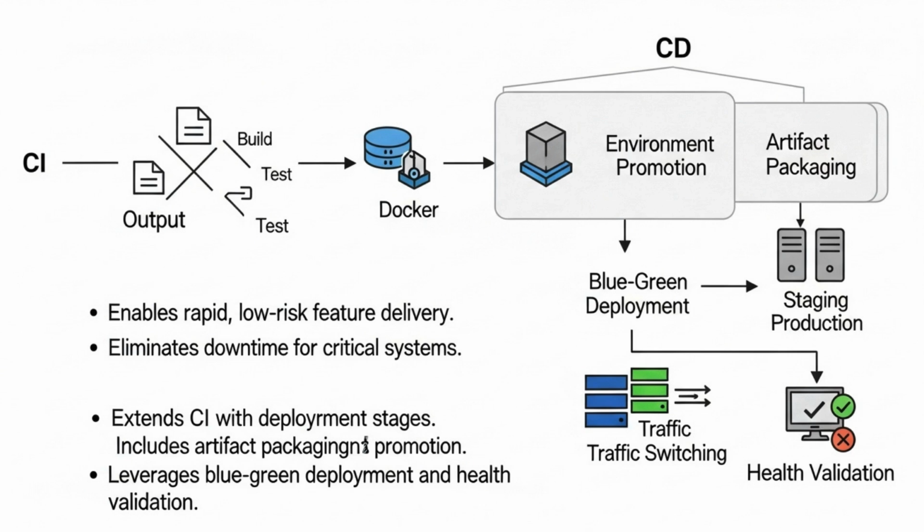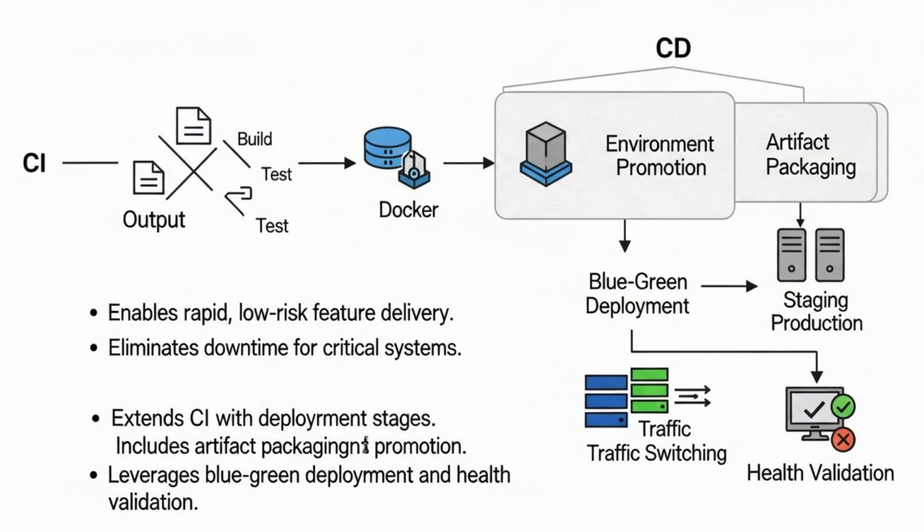Our CD pipeline extends the continuous integration workflow you might already be familiar with. After CI successfully builds and tests your code, the CD process kicks in. Key components include artifact packaging, where your code is turned into deployable units like Docker images.